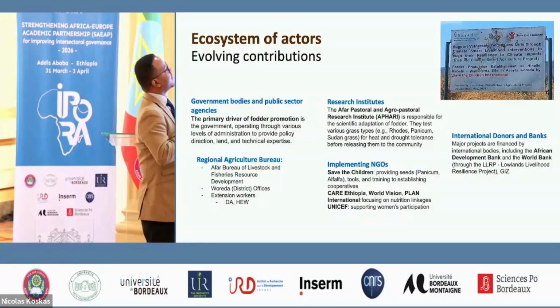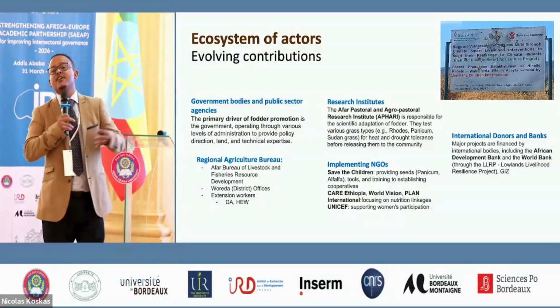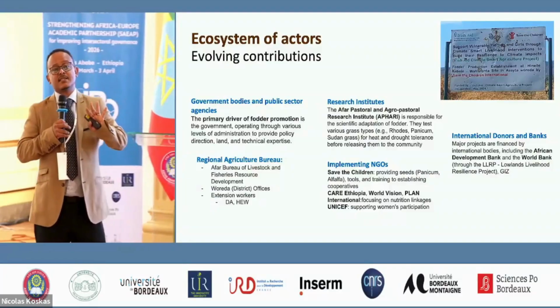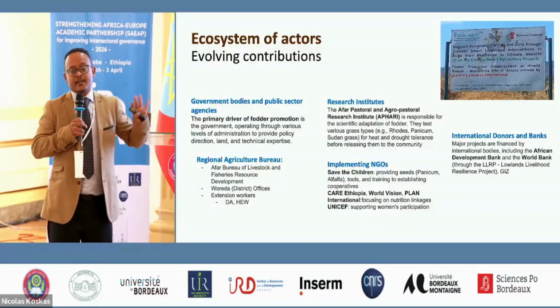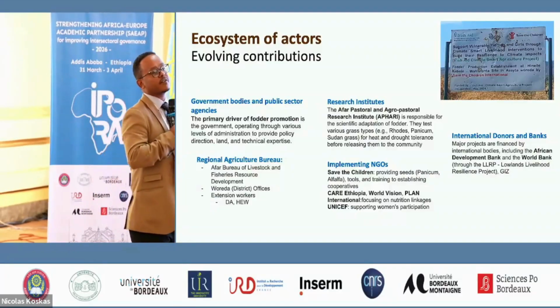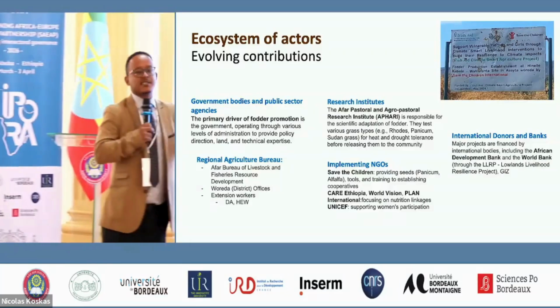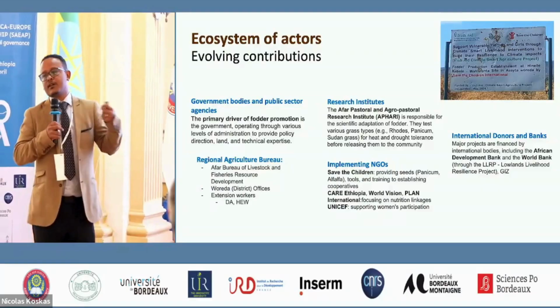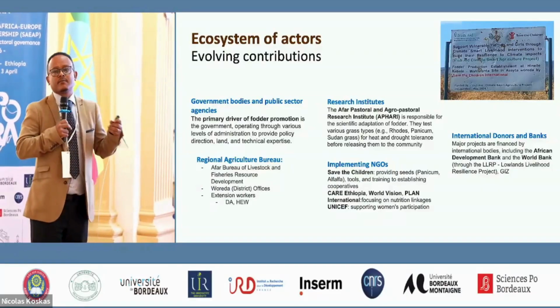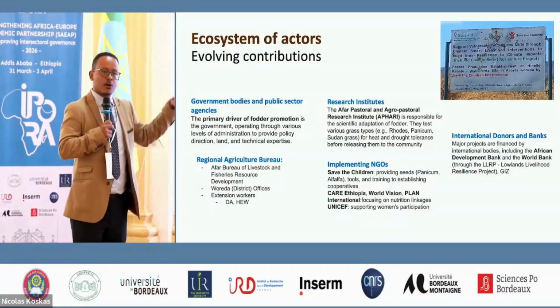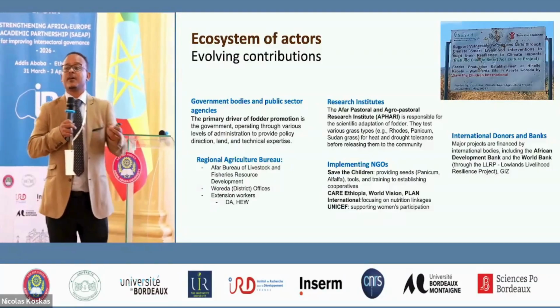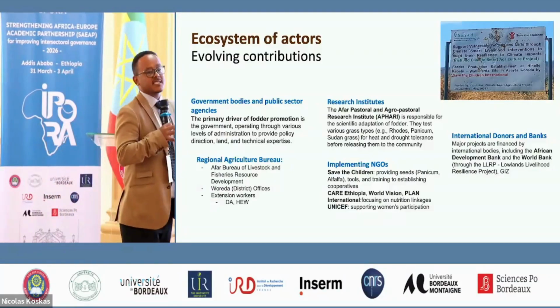So the ecosystem of actors and their evolving contributions needs to be studied on its own. And here I'm just giving you a cross-section of the actors that we identified during our interviews, and I encourage those that work on this to really dig deeper and see the various dynamics that happen on the ground.